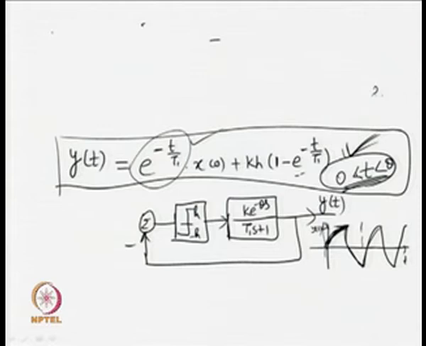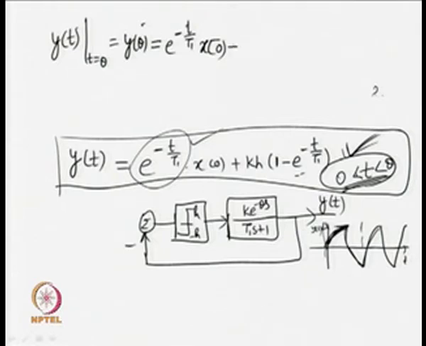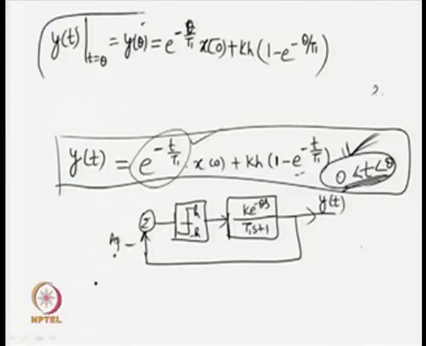So, at t equal to theta, y(t) will be y(theta), which is given by e to the power minus t upon T1 times x0, where t becomes theta when I substitute, plus Kh times 1 minus e to the power minus theta upon T1. So, the output of the system is given by this expression.